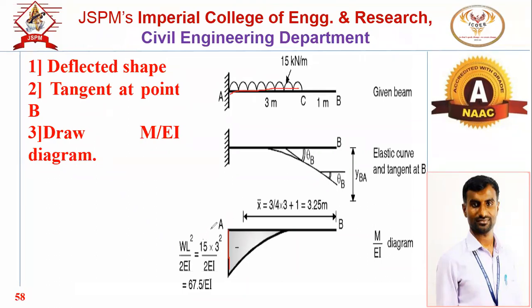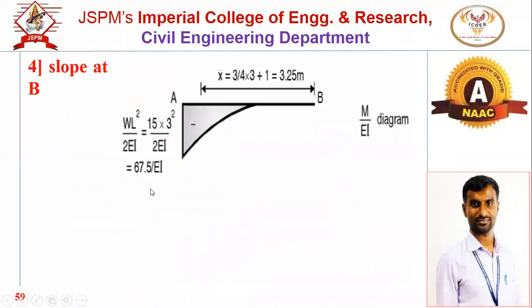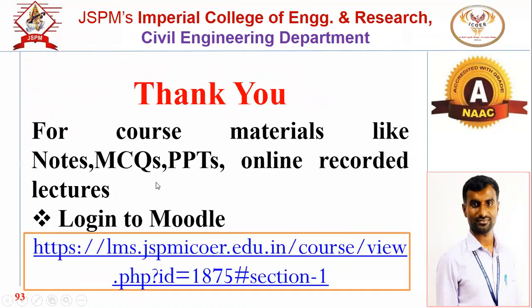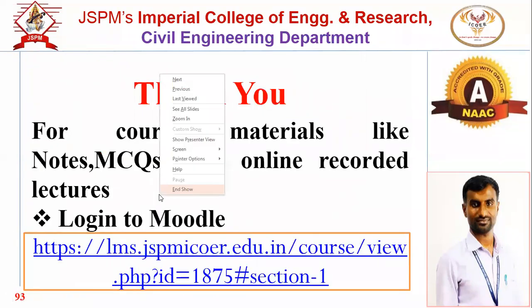So W is 15, L square is 3 square, divided by twice EI. This is the bending moment at the fixed end. So the area will be 1/3 base into height. For the slope, you have to find the area.